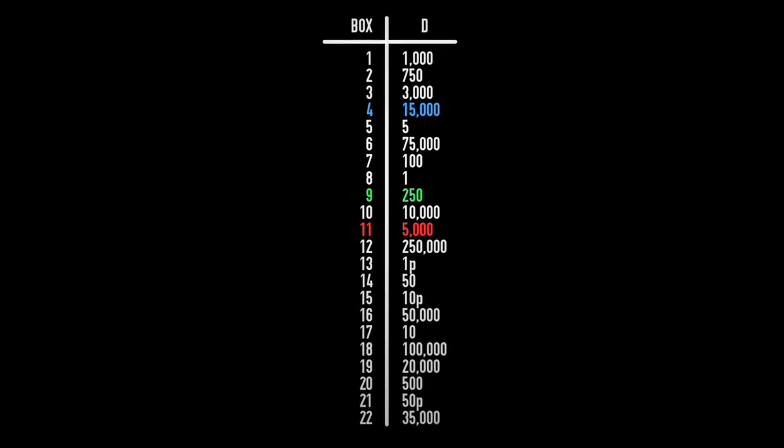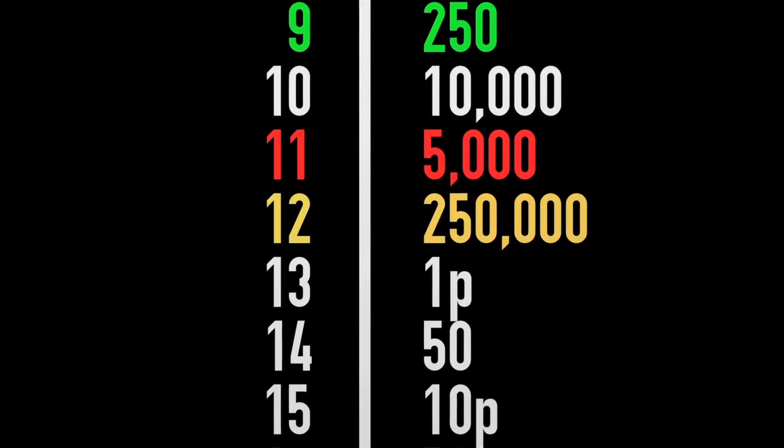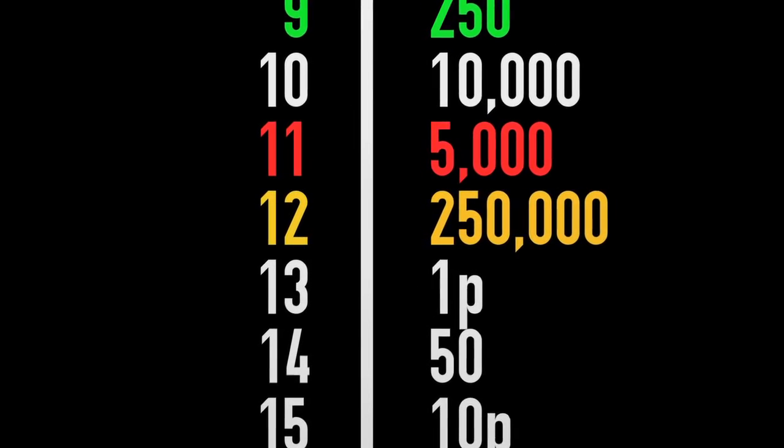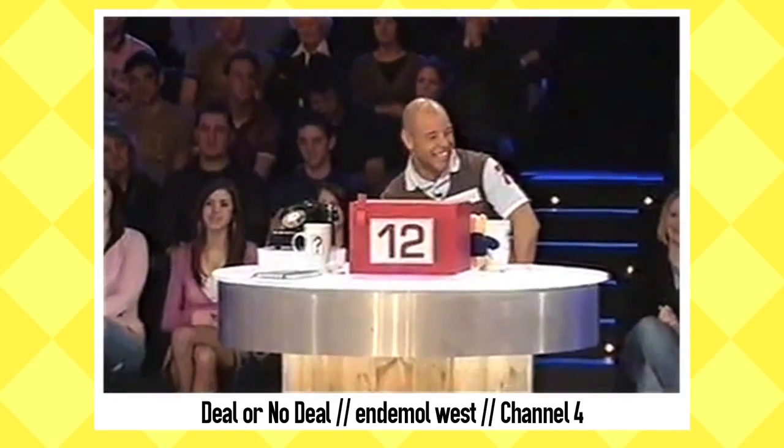Unfortunately for Jermaine, he didn't know the sequence, which meant that he didn't know that the £250,000 was in box number 12. Box number 12, which he just happened to pick randomly before the game began. So, when the game came down to the wire, he'd said no deal to every single offer until the last one. He had 2 boxes left.